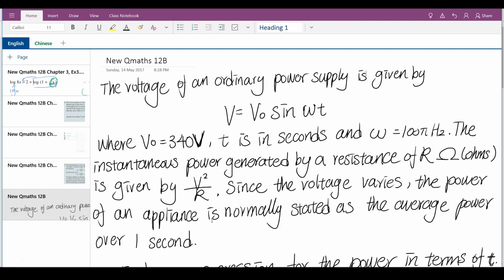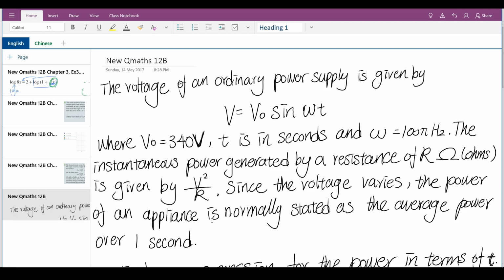The instantaneous power generated by a resistance of R ohms is given by V squared over R. Since the voltage varies, the power of an appliance is normally stated as the average power over 1 second. Okay, so that's the model.